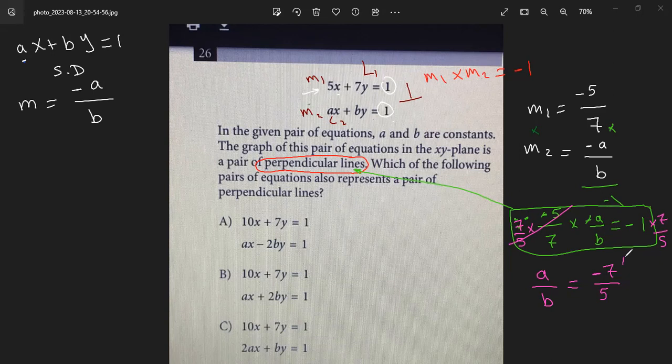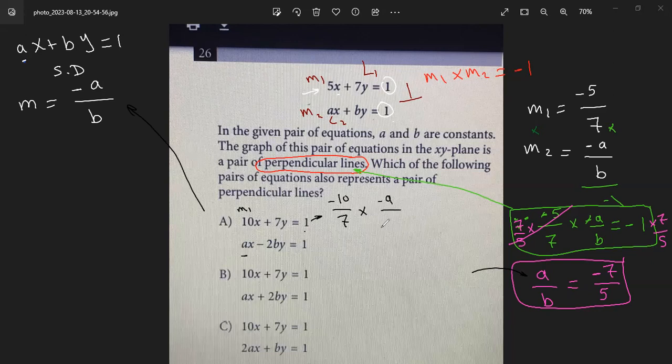Therefore, now we have to check which pair has the same relationship, A over B equals negative 7 over 5. For option A, m1 is negative 10 over 7, same rule, times negative A over negative 2B, because the coefficient is 2B with a negative sign.